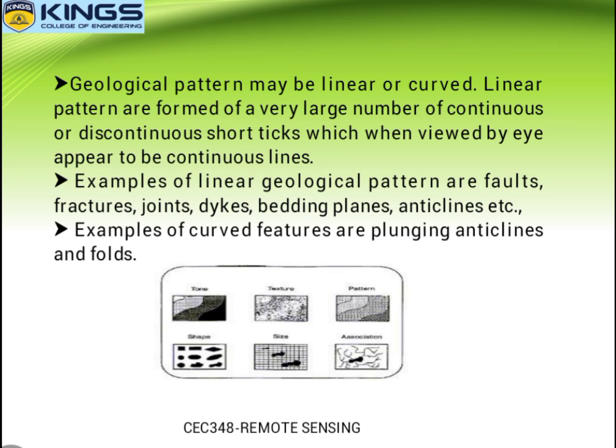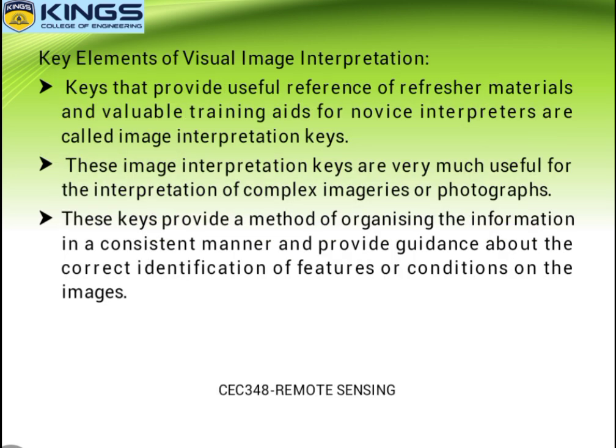Examples of linear geological patterns: faults, fractures and joints, truncations, bedding planes, and anticlines, etc. Examples of curved features are plunging anticlines and folds. This diagram shows geological patterns and the key elements of visual image interpretation.